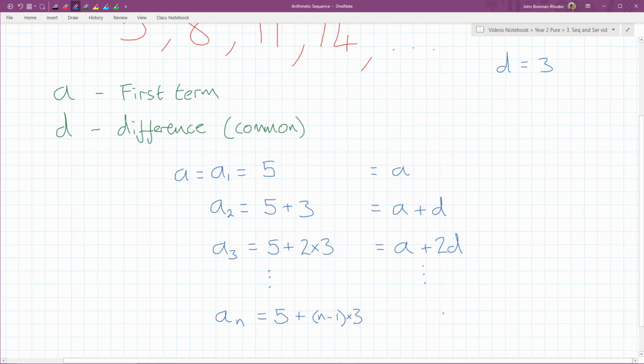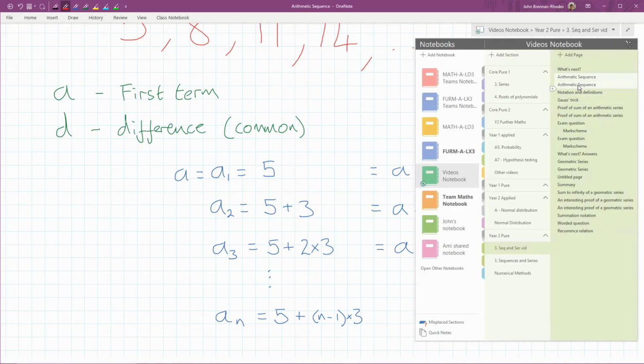So overall, we can write that an, the nth term, is equal to the first term plus n minus 1 lots of the common difference. And this is our first important formula that we need in this. It is not in the formula book. It's something you have to remember, but just remember, to get to the nth term, you add n minus 1 lots of D on.